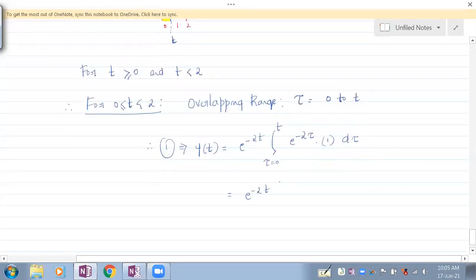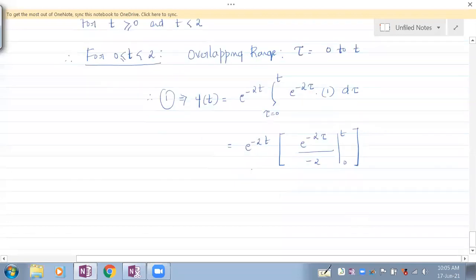Now you need to integrate this. If you integrate, you will get e power minus 2 tau by minus 2, from 0 to t. So you'll be left with e power minus 2t divided by minus 2, after applying the limits, and e power 0.